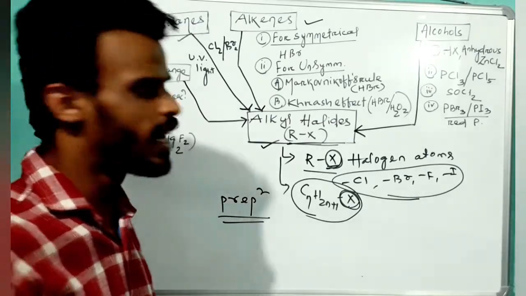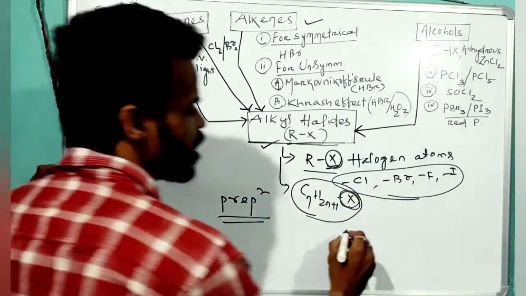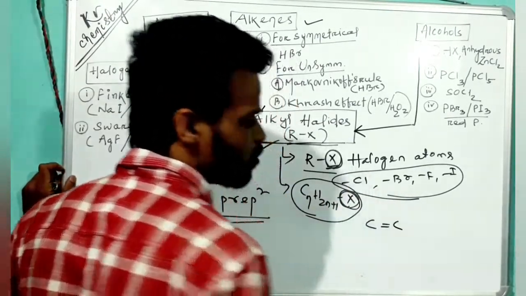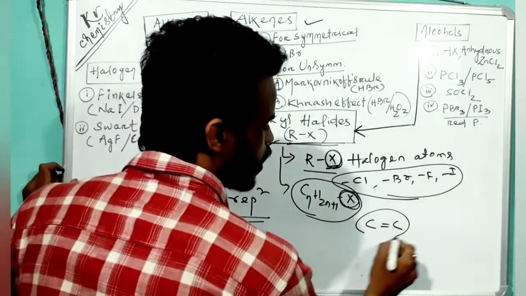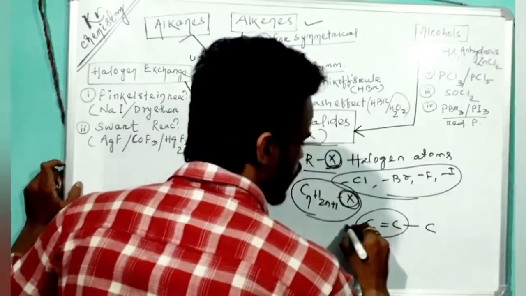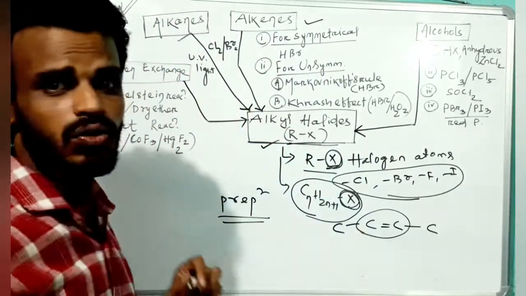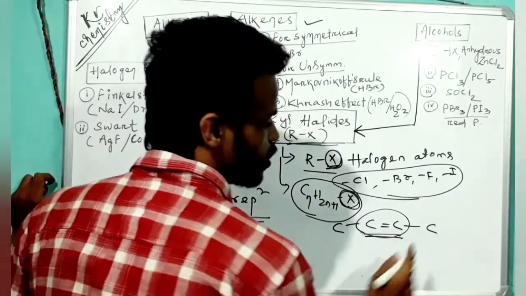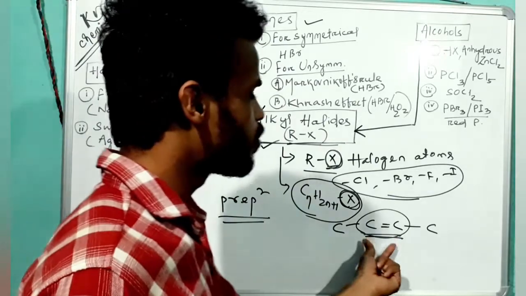What is symmetrical alkene? Symmetrical alkene means the carbon-carbon double bond, the alkene group, has the same alkyl groups attached on both sides of the carbon-carbon double bond.